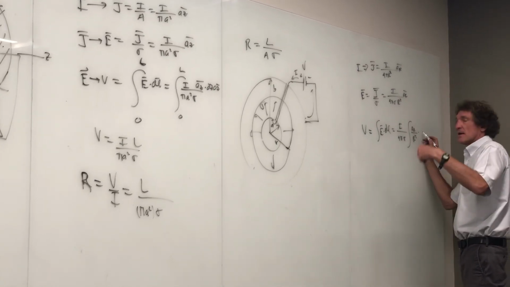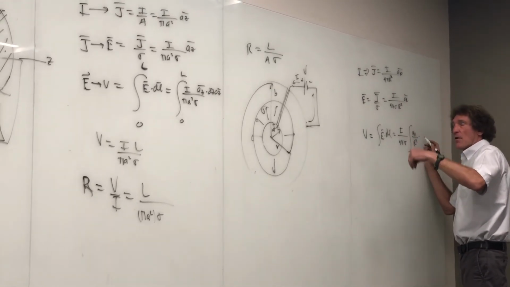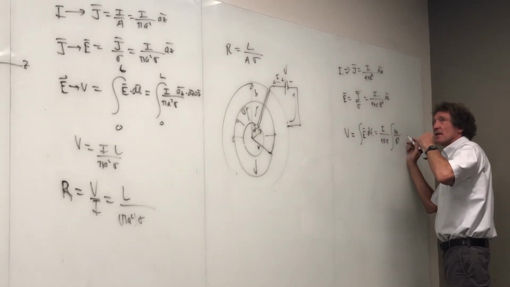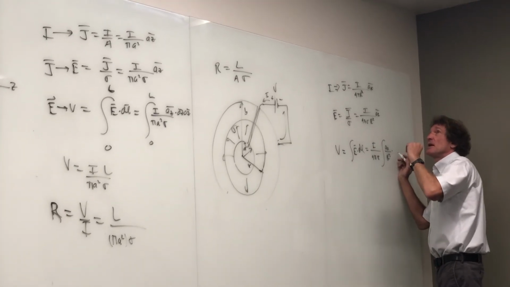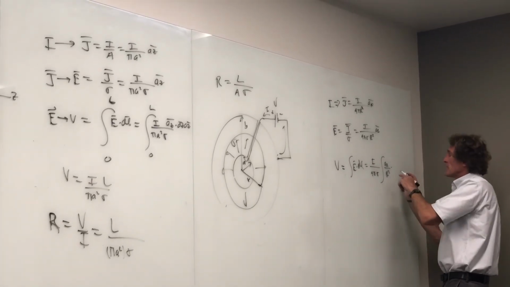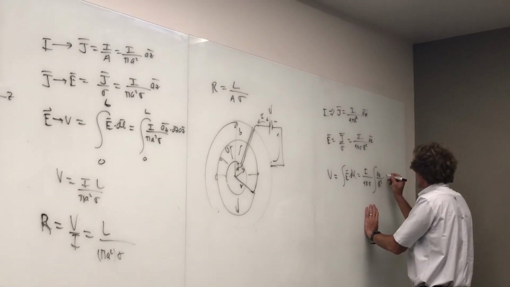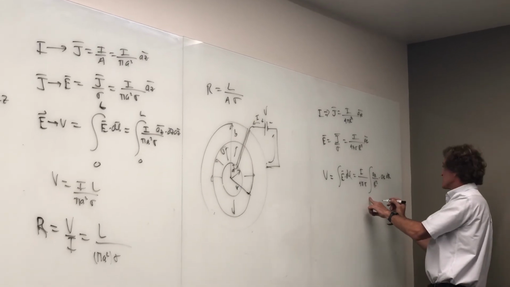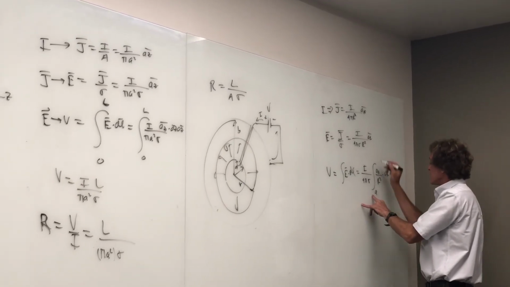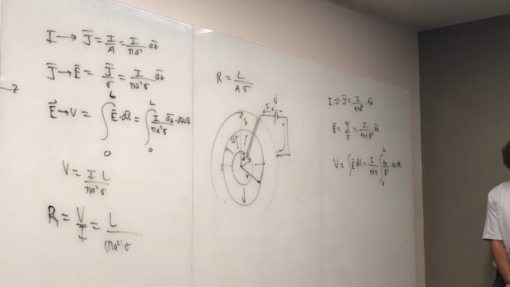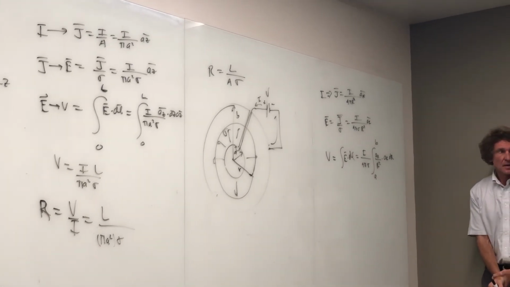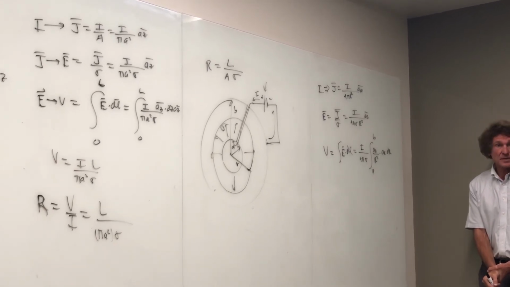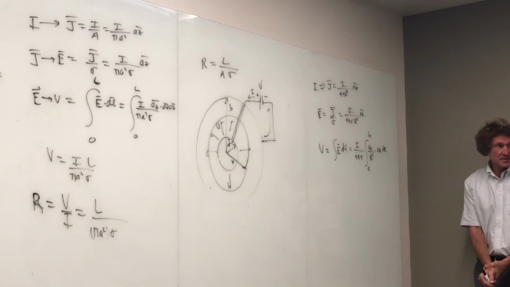And normally I could put down dr a_R plus R d theta a_theta plus R sine theta d phi a_phi, and dot them, but I know that a_R only dots into a_R, so I can just dot with a_R dr, and it's going to go from A to B. You all see what I'm doing here? I integrate the E field from the inner radius to the outer radius, right? And I don't care about the sign, I only care about the magnitude. Do you agree with me, class?